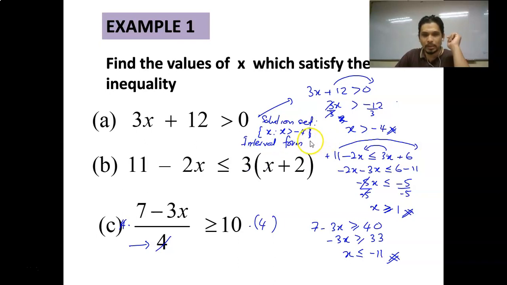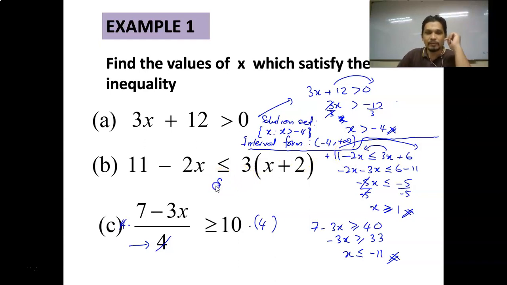Interval form, it is from -4 to +infinity. So this is solution set, and I write down the final answer in solution set x, where x greater than or equal to -4, or interval form from -4 open bracket to +infinity open bracket here.